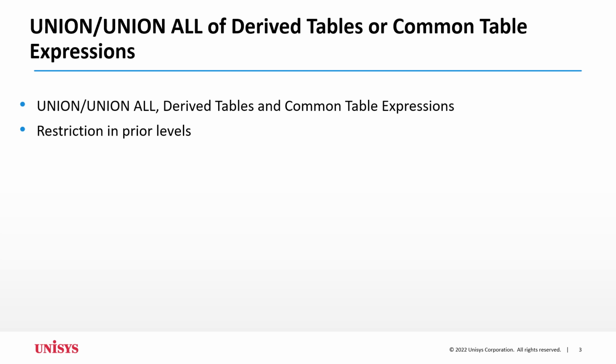RDMS levels prior to 24R1 restricted declaring a derived table within a union. If you attempted this operation, RDMS would return error number 22800 that specified a derived table or common table expression may not be referenced by a union or union all operation.